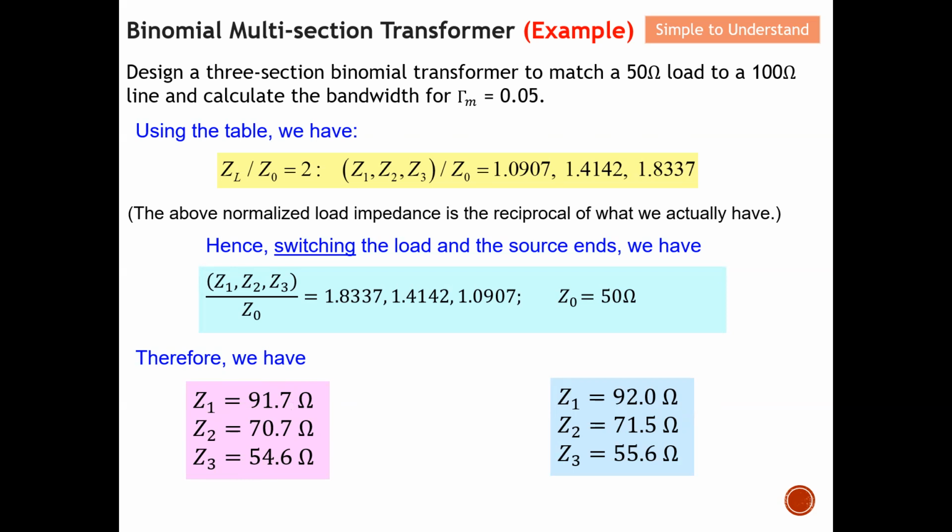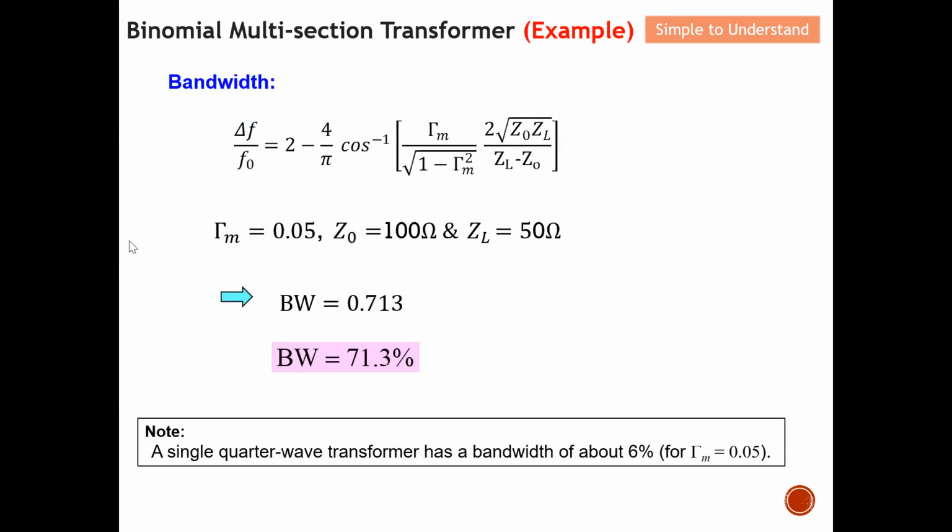So let's move on to the last section, which is to calculate the bandwidth. This is the formula to calculate the bandwidth. The maximum reflection coefficient will be equal to 0.05, and these are all the values here. So from here, I will be able to calculate the bandwidth. Keep this in mind: remember to change all these to radians.